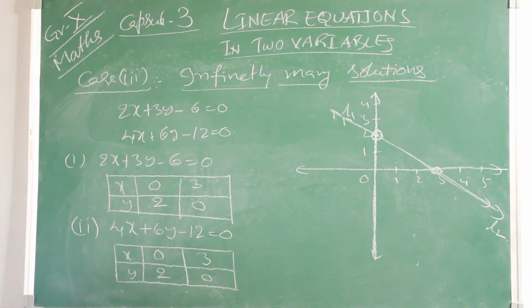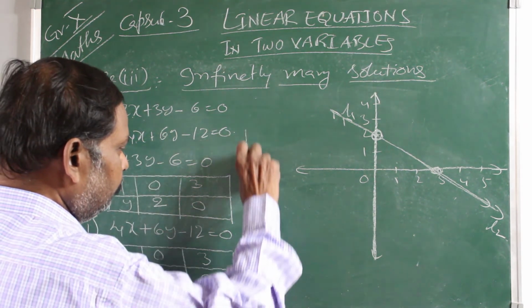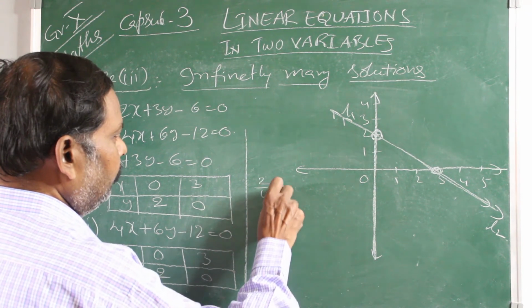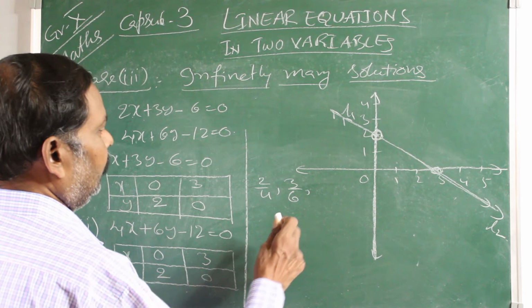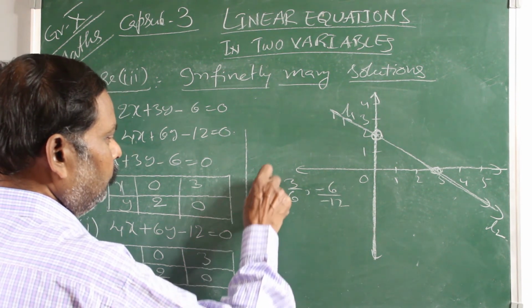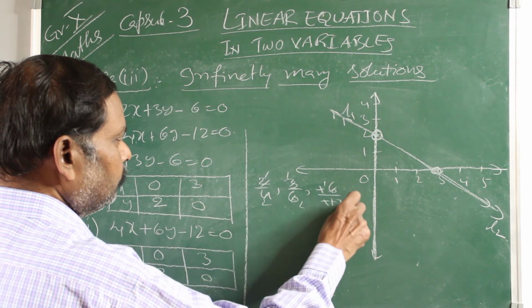Now what is the condition for coincidence of two lines? A1 by A2, 2 by 4, B1 by B2, 3 by 6, and C1 by C2, minus 6 by minus 12. 2 ones are 2, 2 twos are 4, 3 ones are 3, 3 twos are 6, minus 6 ones are 6, minus 6 twos are 12.